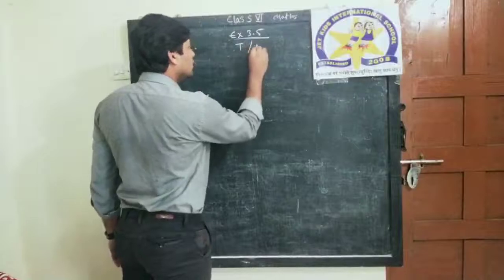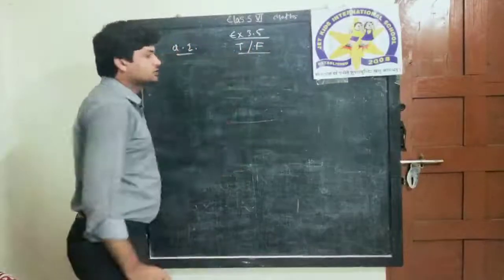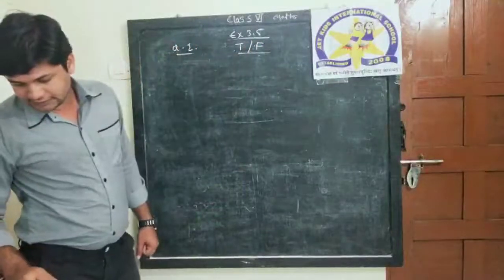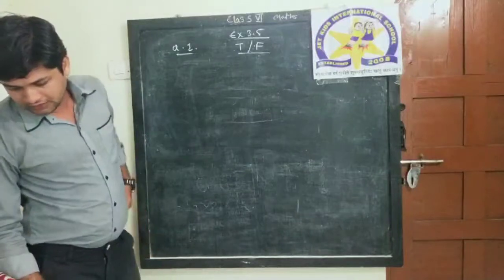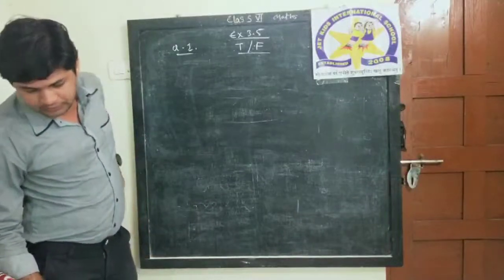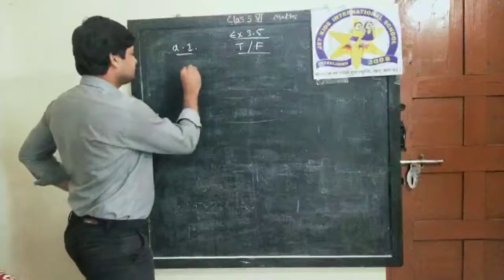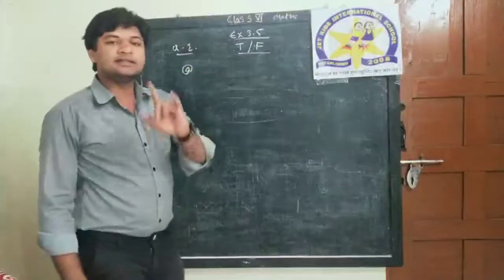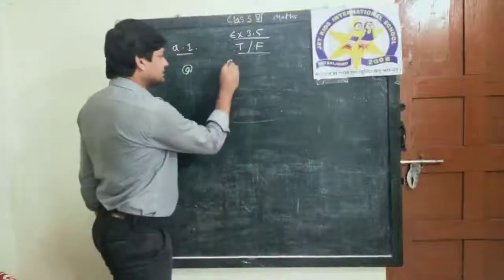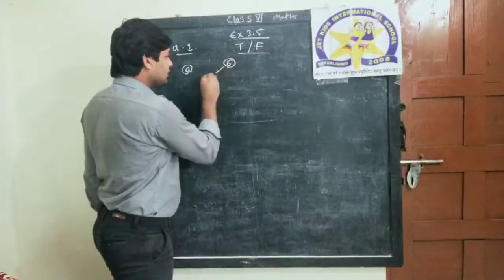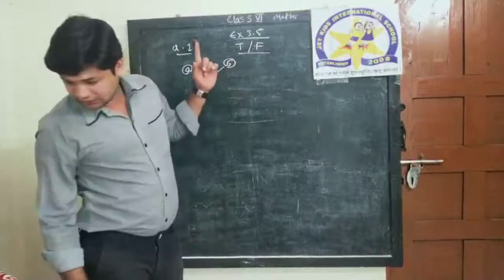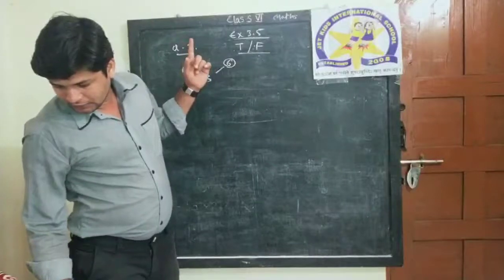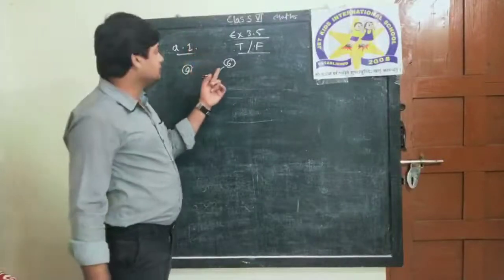True or false. This is our first question, in which A is, if a number is divisible by 3, it must be divisible by 9. For example, 6 is divisible by 3. So the given is, it must be divisible by 9.